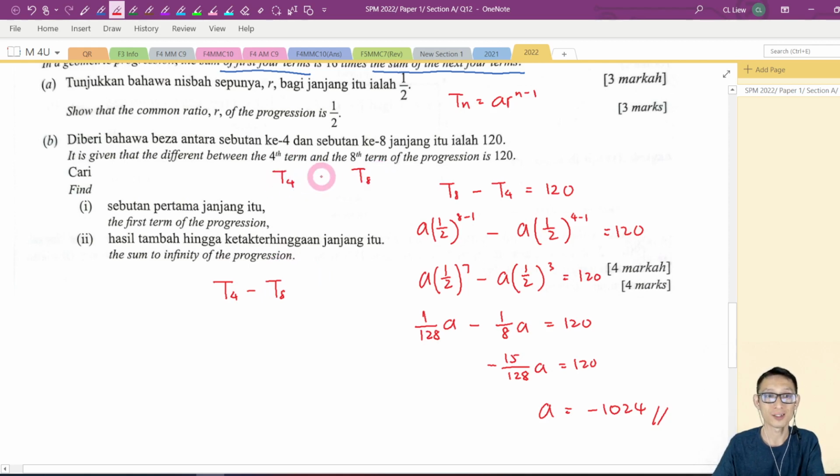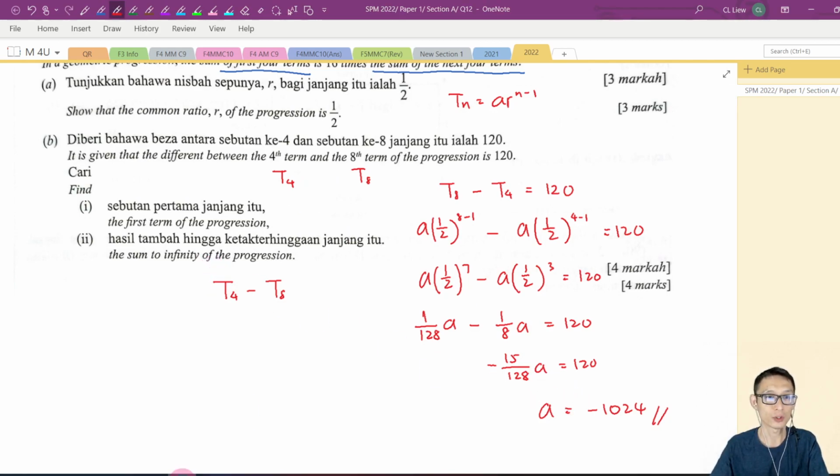Maybe T4 is larger than T8, right? If the question talking about difference, we will take the larger number minus a smaller number, right? So in this situation, the A is negative, so T8 will be greater than T4. But in another situation, let's say the A is positive, T4 will be larger.